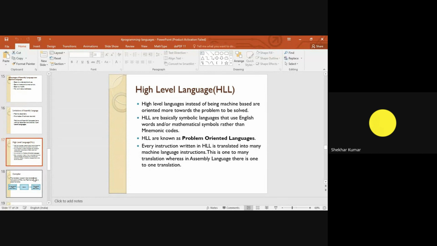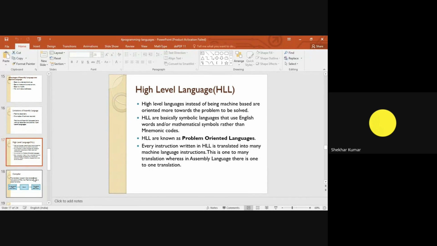Programs written in the high level language require a software or a set of programs to translate them into machine level programs, to make them machine understandable. This software is called your compiler.